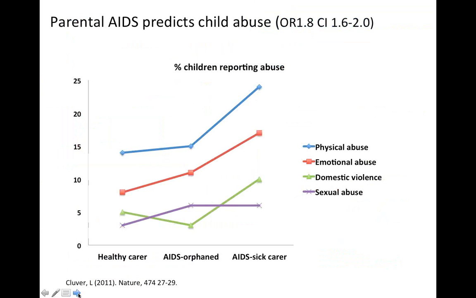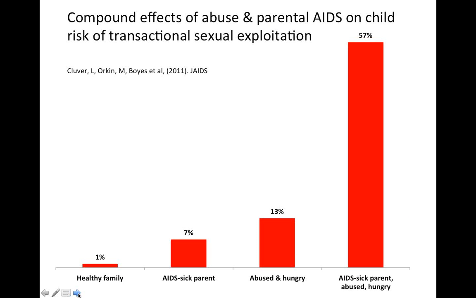But some of the things that we found in our studies are extremely high levels of child maltreatment, of all types, in AIDS-affected families. We've seen that the combination of being in an AIDS-affected family, abuse and hunger leads to very high levels of HIV risk behavior, from 1% in a healthy family to 57% for children in families where they're AIDS-affected, abused and hungry.